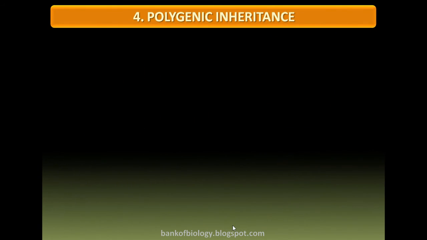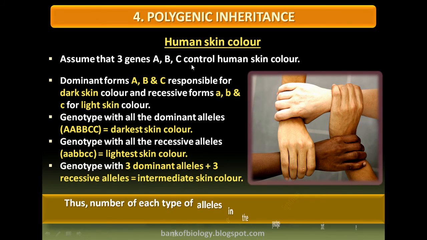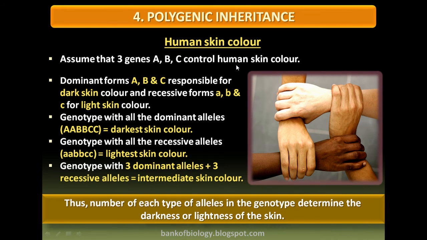So skin color is controlled by three genes, capital A, capital B, capital C. Dominant capital A, capital B, capital C are responsible for darker skin, and recessive small a, small b and small c for light skin color.